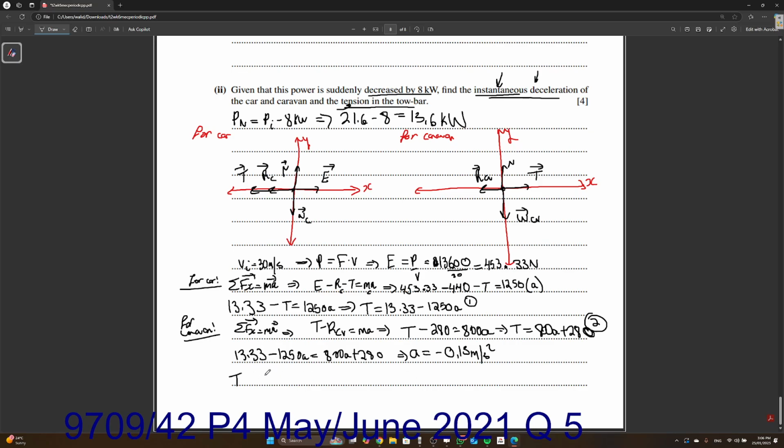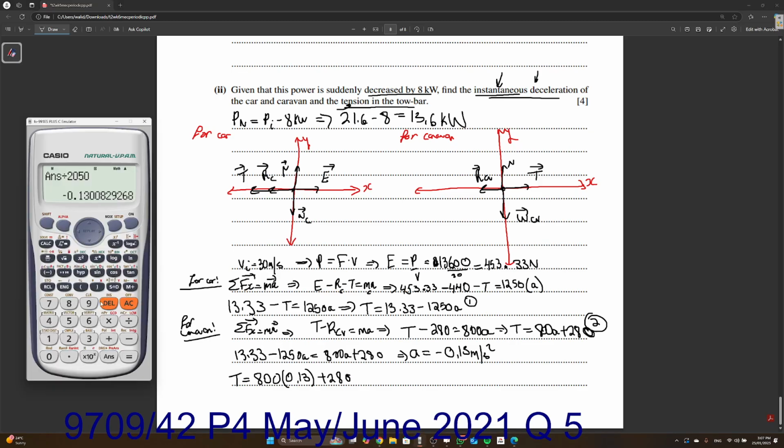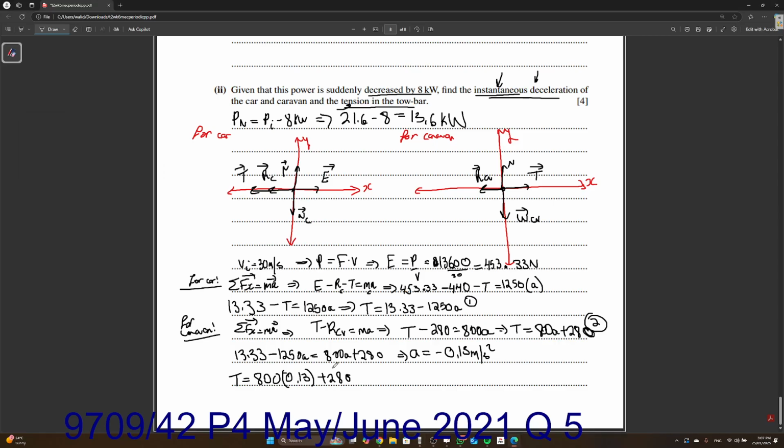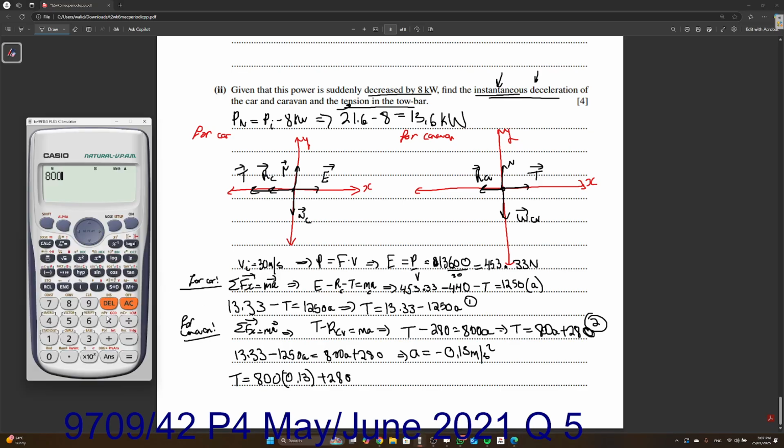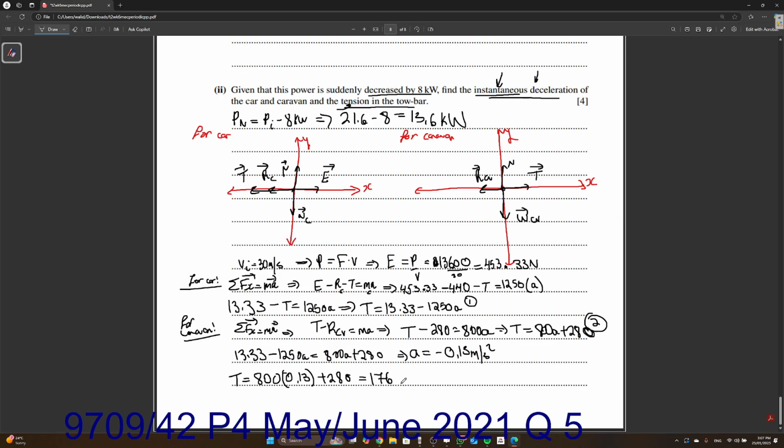Then T is just equal to, you can use either one of these, 800A plus 280, so 800 times negative 0.13 plus 280, and you get 176 newtons.